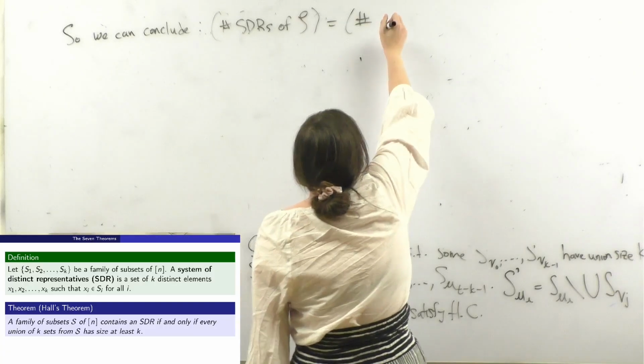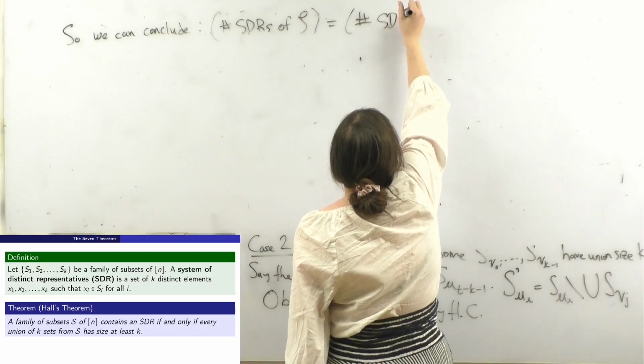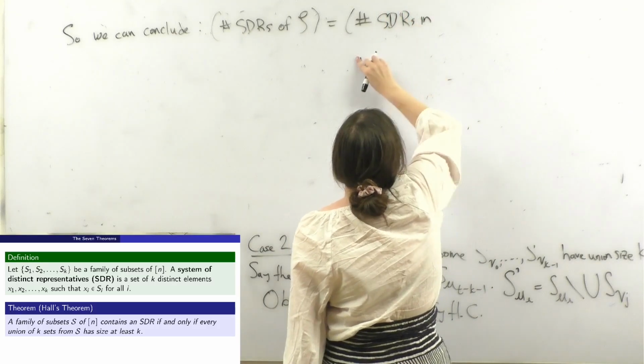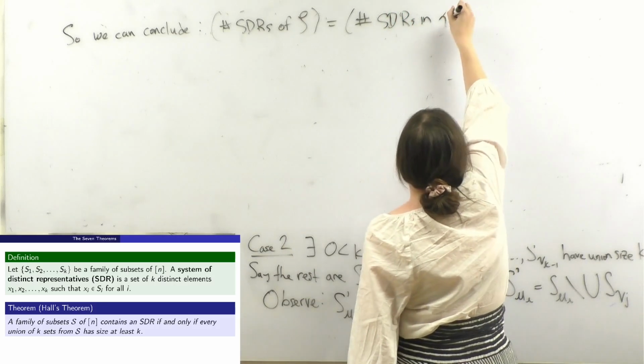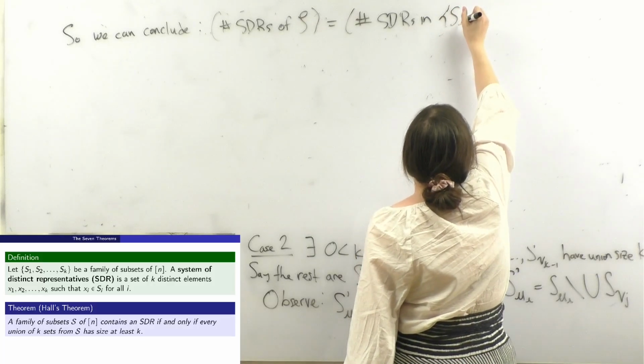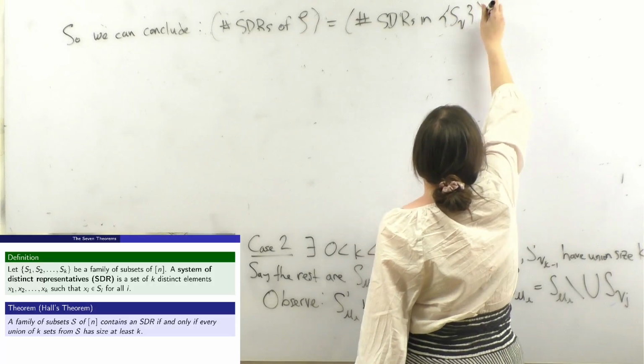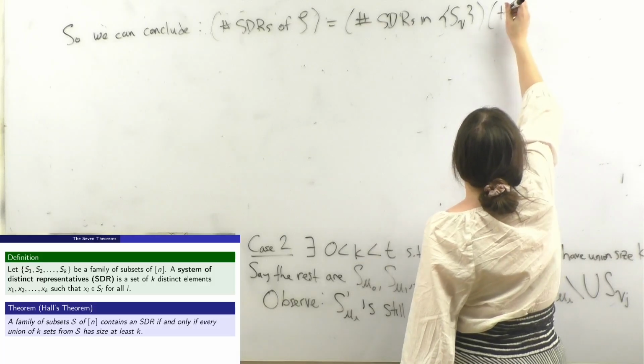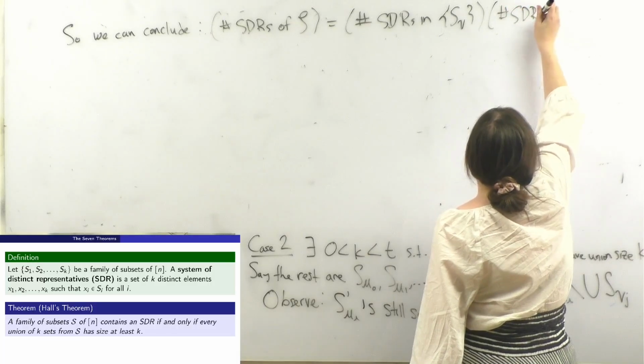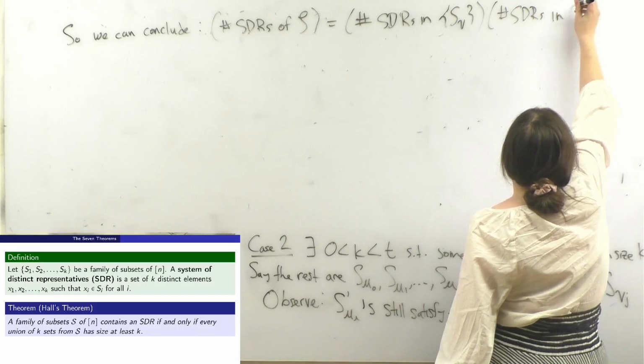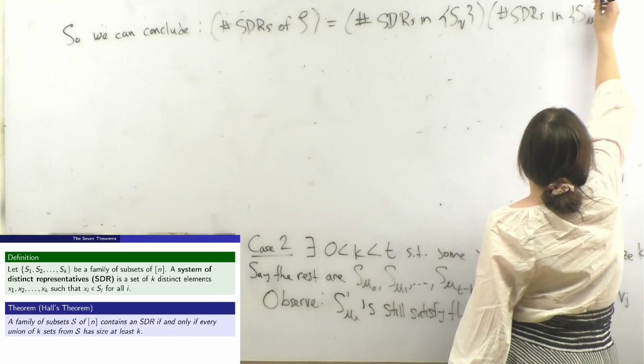So it's just the number of SDRs in my S nu set times the number of SDRs in my S mu prime set.